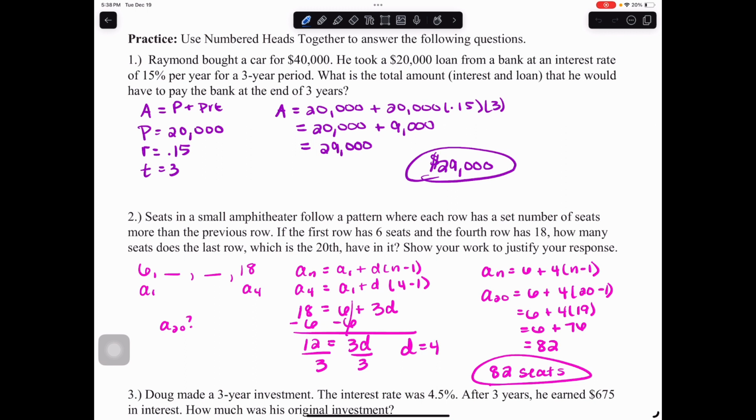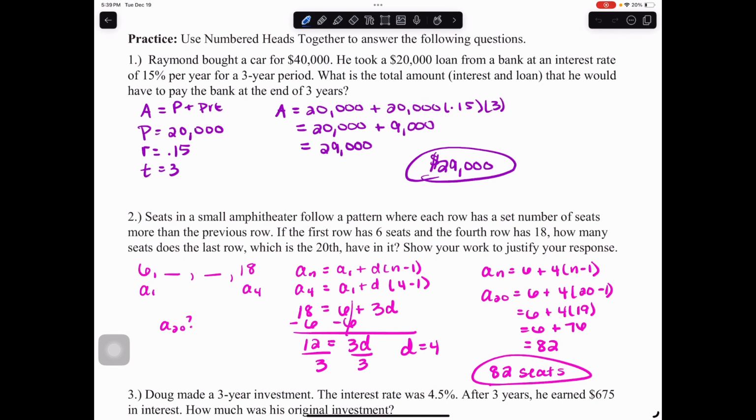In number 2, you have a small amphitheater, and they gave you the start of the pattern. They said the first row was 6, and the fourth row was 18. So I drew that out and showed you 6, we don't know, and then 18. Whenever we have this situation, you want to pick the term that they give you, which for us is A sub 4, the fourth term, and use that to work your way backwards.